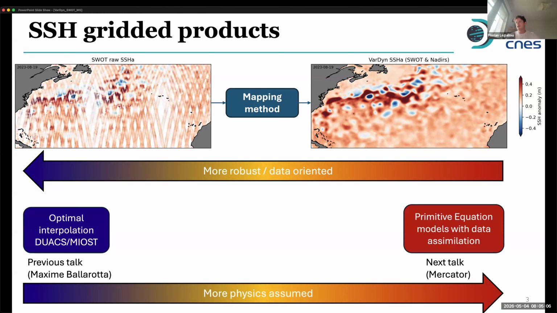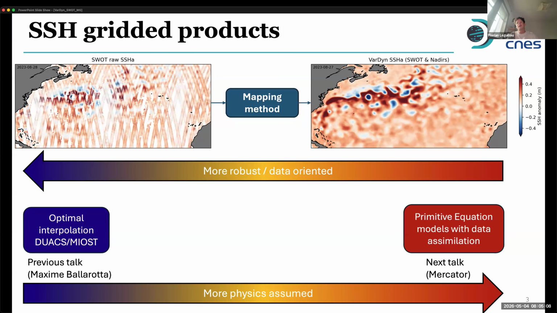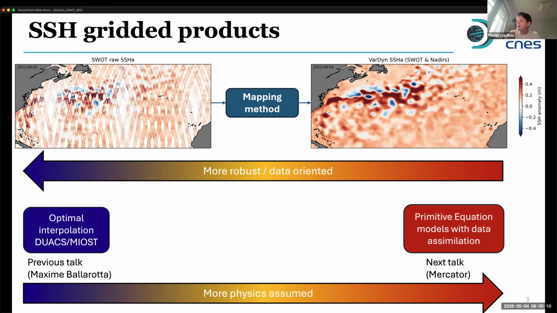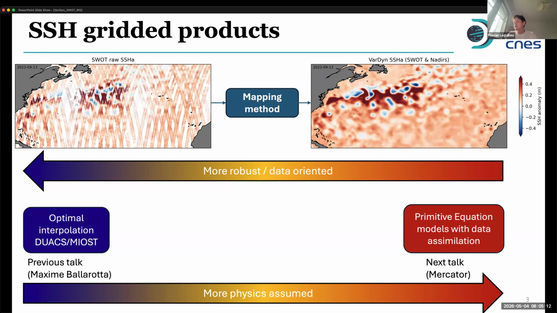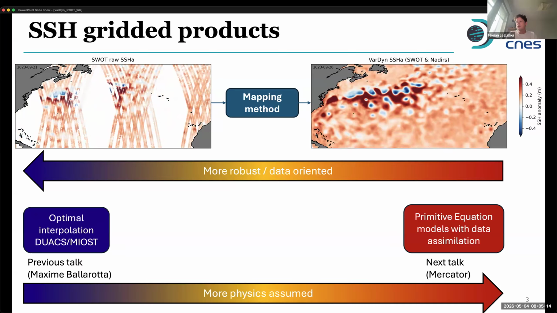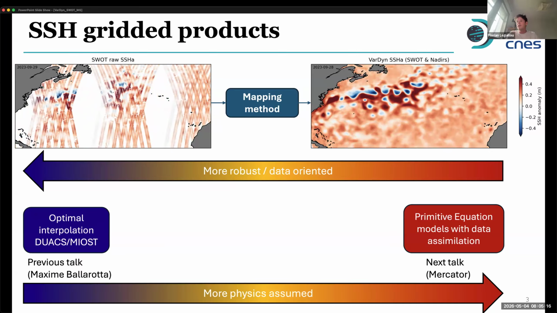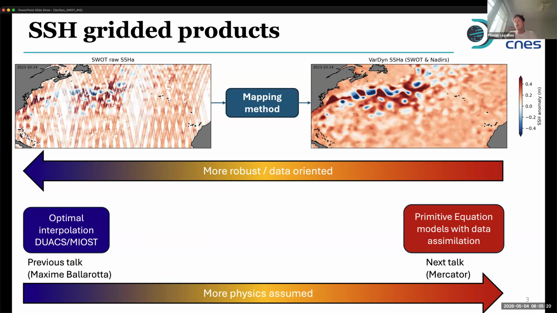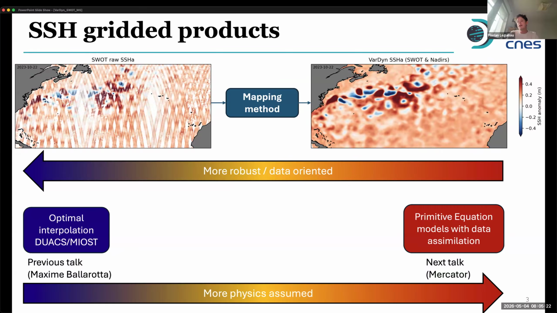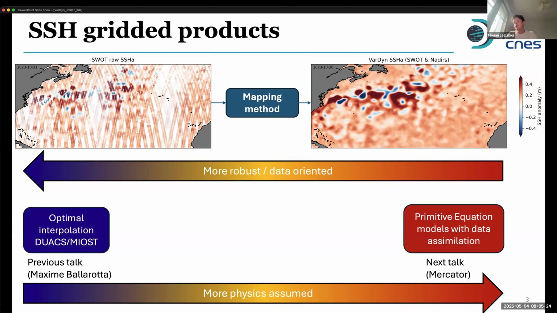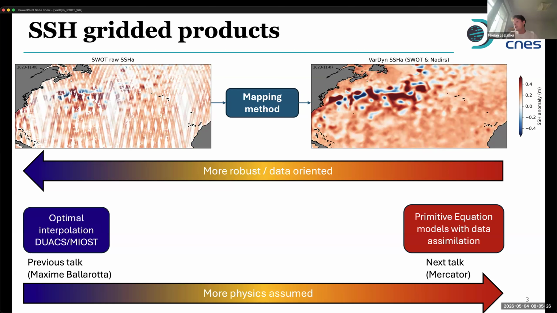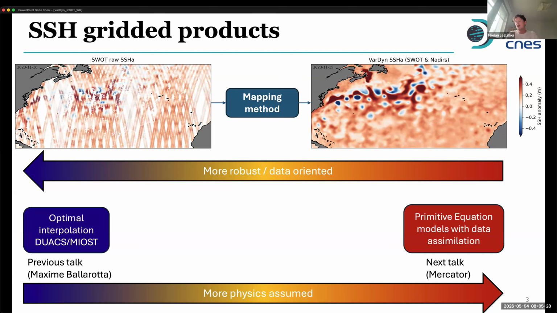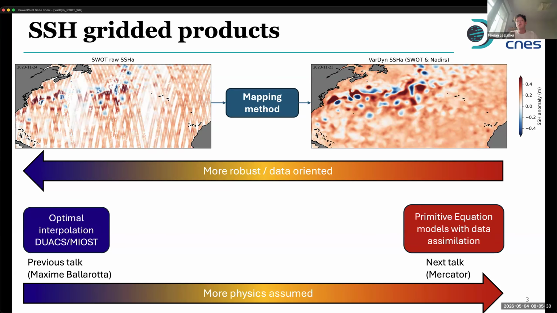Then on the right side, you have conventional data assimilation algorithms, like Mercator, for instance. So I think it will be a talk for the next months. This is giving a better view of the ocean dynamics. It's way more realistic, but the main drawback of this kind of method is they are 3D or 4D in time. And so you have many degrees of freedom.